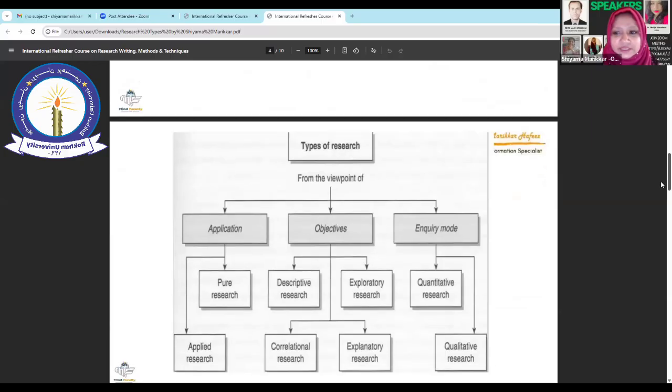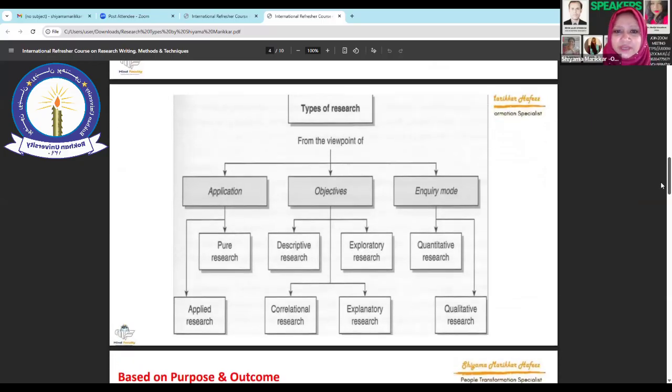To look at that, first I simplify here. There are many ways; many scholars, articles and books define these types of research in many ways. From one viewpoint, I'm just sharing three main ones here. We can define this in terms of application, objectives and inquiry mode.